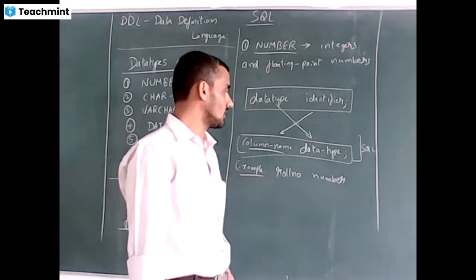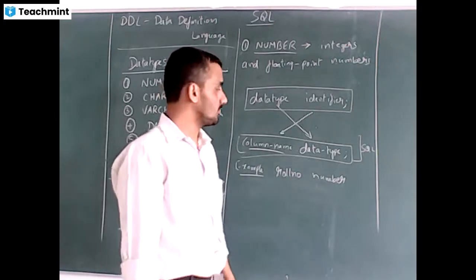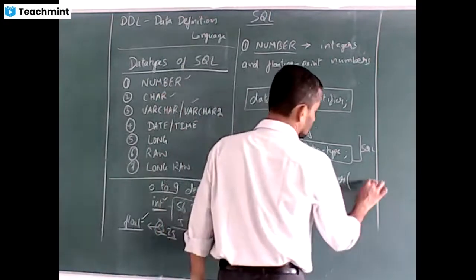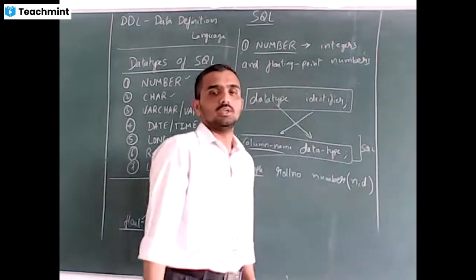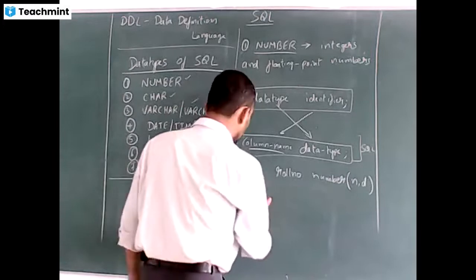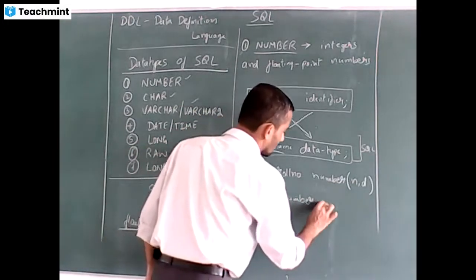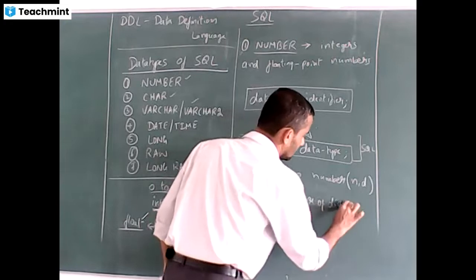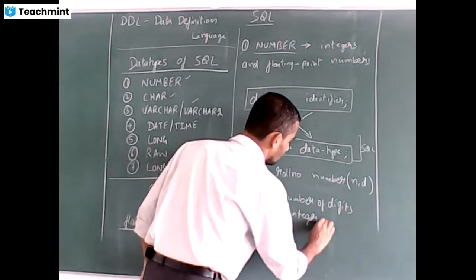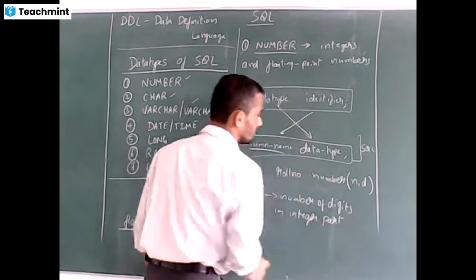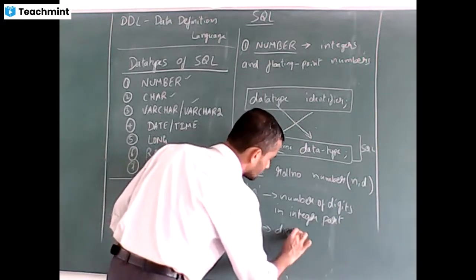And here, one more thing. For the data type number, we have two values, that is n comma d. N indicates the number of digits in the integer part. D indicates the number of digits in the fractional part.